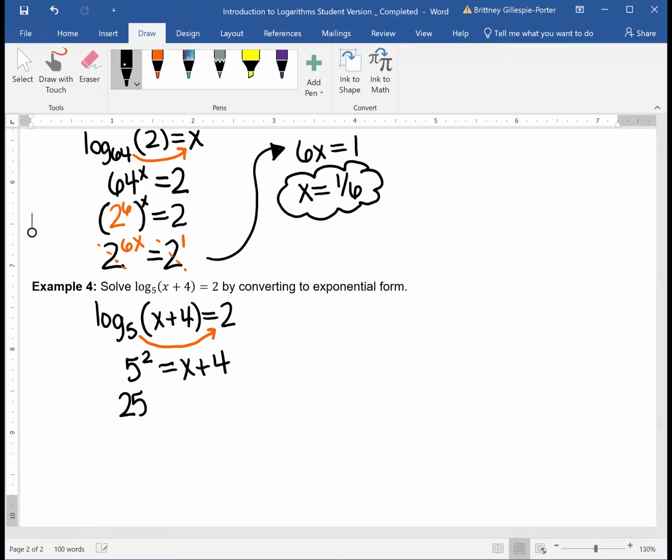So we get 25 is equal to x plus 4. If you do not like that your x is on the right-hand side, you can rewrite this as x plus 4 equals 25. Remember, it's the same thing. We just move the 25 to the other side. It's like rotating your equation. But you subtract the 4 and we find out that x is equal to 21.